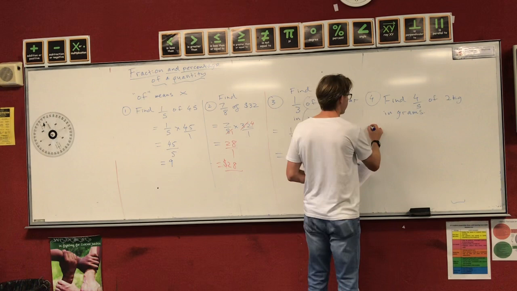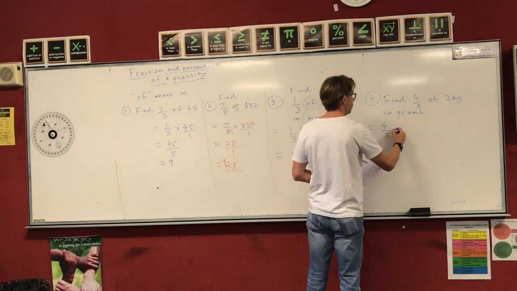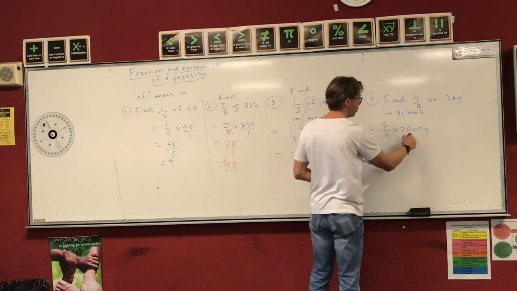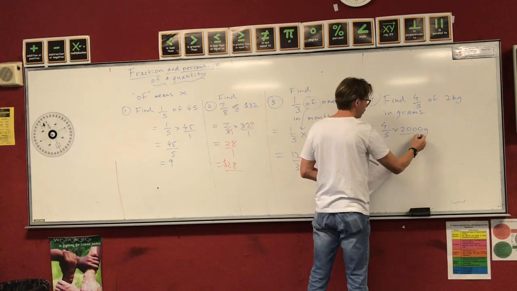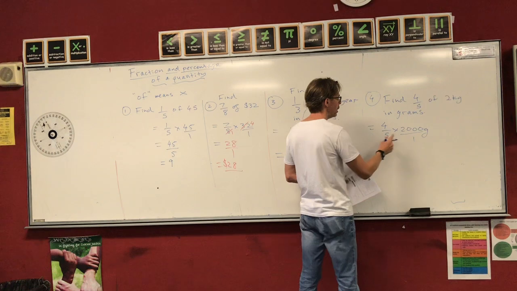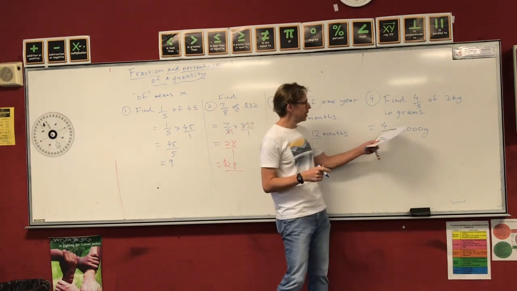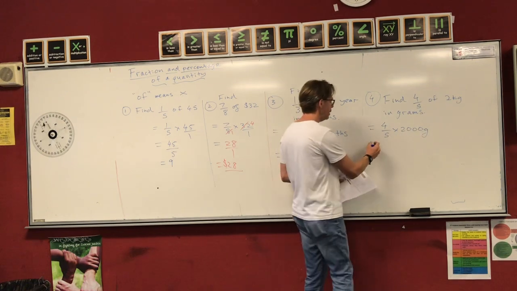Okay, so 4/5 times 2,000 grams, because 2 kilograms is 2,000 grams, over 1. Alright, now if you're going to use your calculator, just put the whole thing into your calculator there.